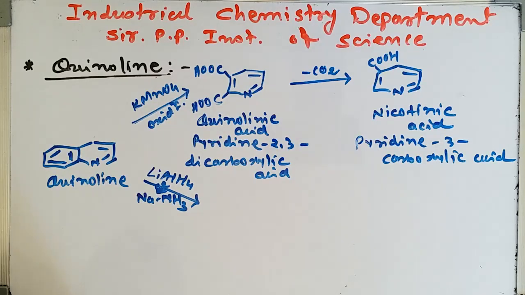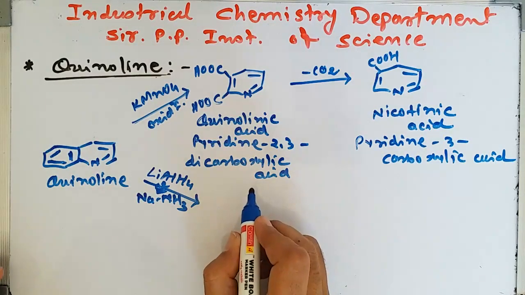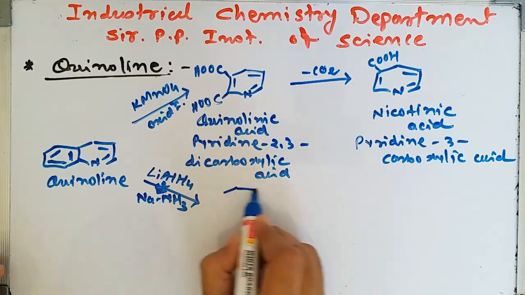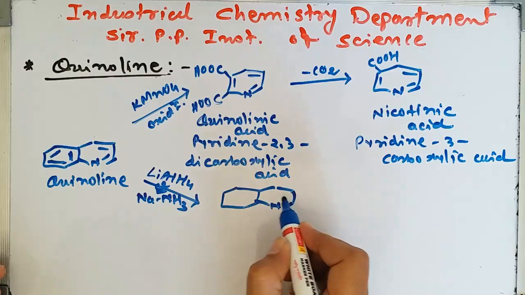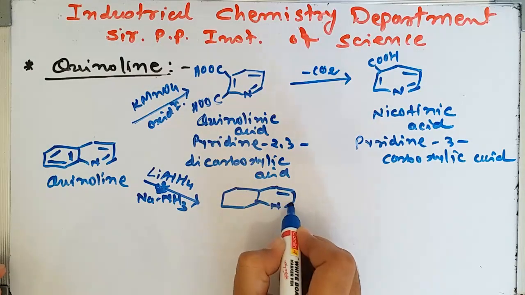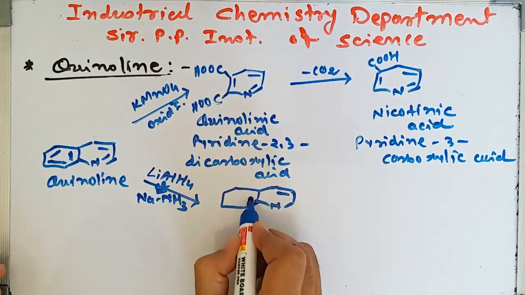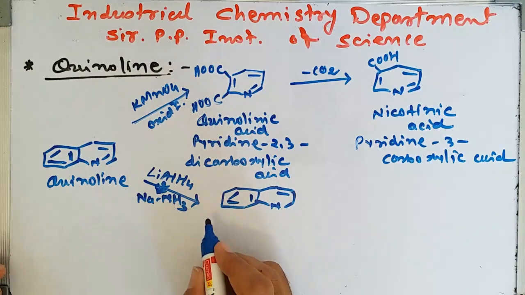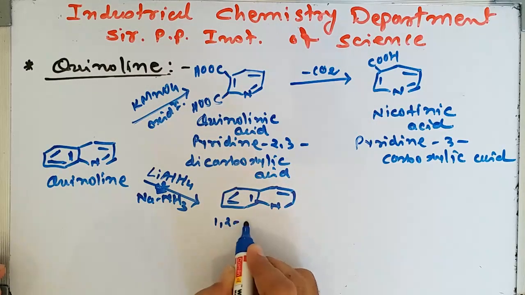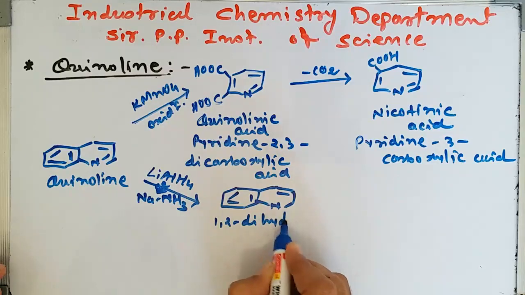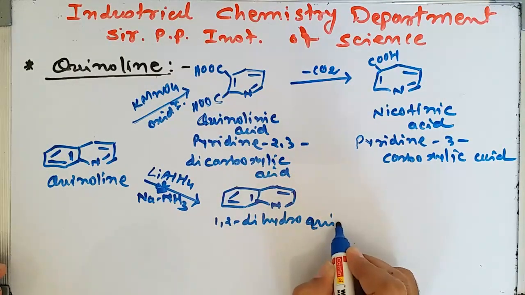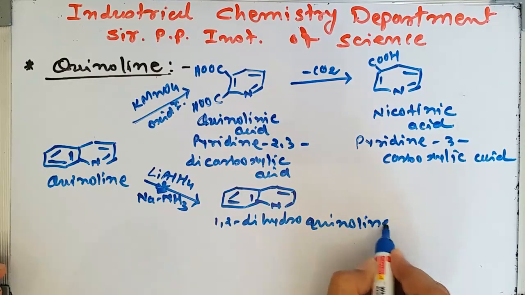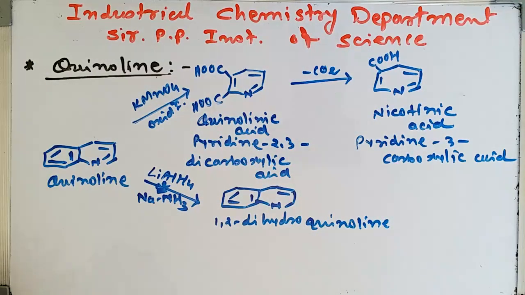So it is converted into 1,2-dihydroquinoline. The double bond from here is removed. So it is very important reduction process.